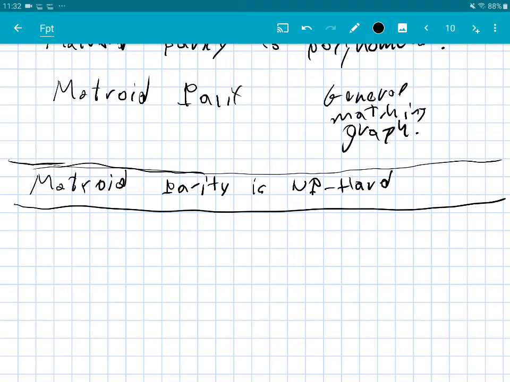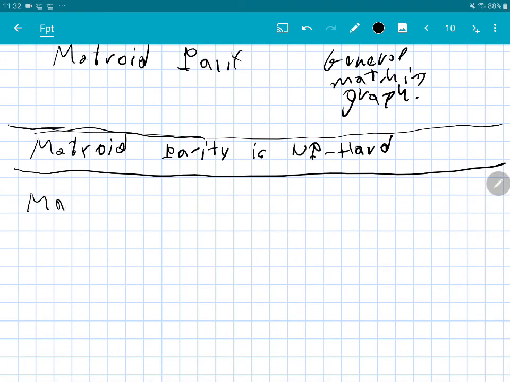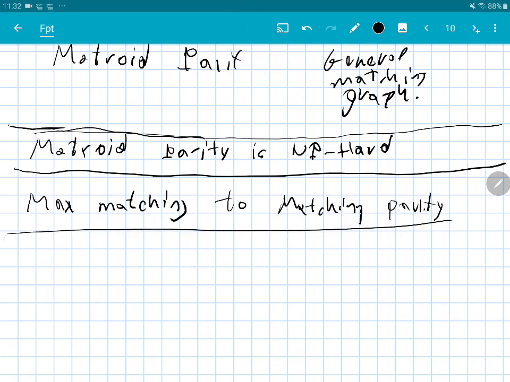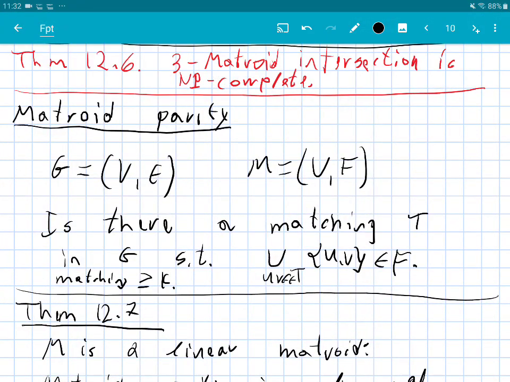And in fact, one can reduce maximum matching in general graphs to Matroid parity. But in fact, I already did that, because the way I stated the Matroid parity problem is slightly different than the book.